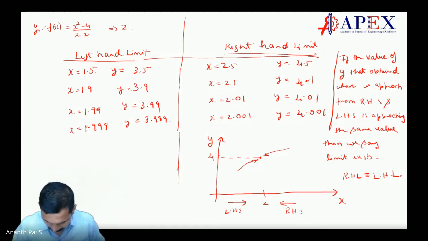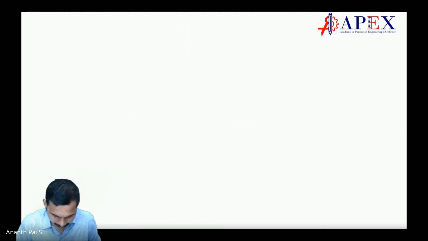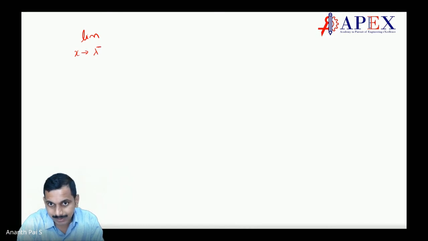Done. Well, let us put it mathematically now. What we can say mathematically, very important: we say limit x extending to lambda minus. In the example we have taken, lambda is equal to 2.